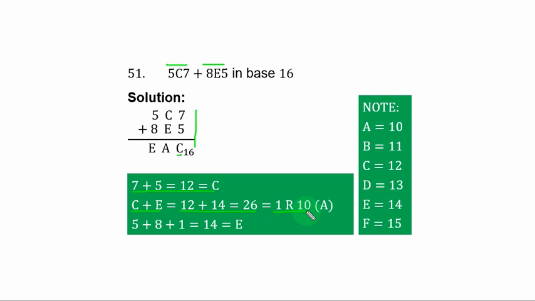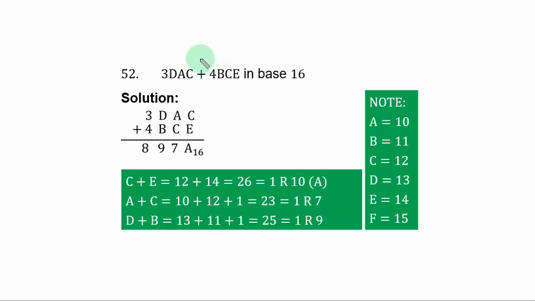Notice that 10 is equivalent to A in base 16, so you put down A. The remainder 1, you take it forward and you add 5 plus 8 plus the remainder 1, you have 14, and 14 is equivalent to E, so you have E, A, C in base 16.